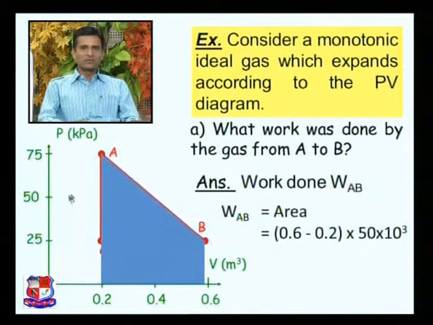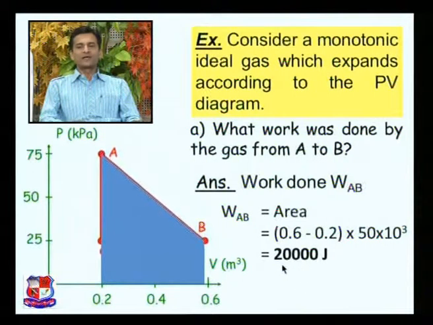This effective height would be half of this, say 25 plus this 25. So that is 50 units or 50 kilopascal, that is 50 times 10 raised to 3 Pascal, and multiplication gives us the answer: 20,000 joules.